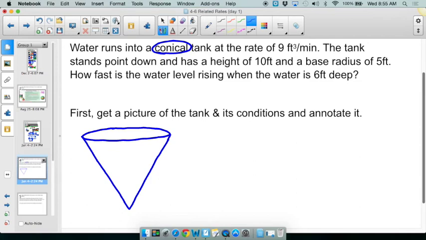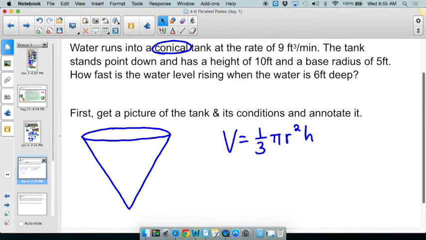Okay. And anytime we're filling things, we're talking about what? Yeah, we're talking about volume. So we know that we have that relationship between volume and the variables that we would associate with the water level in this tank.